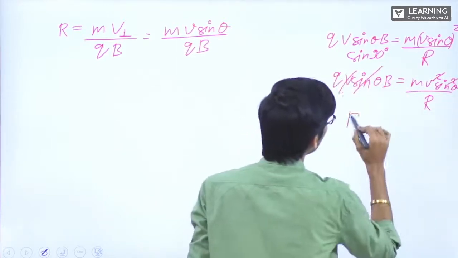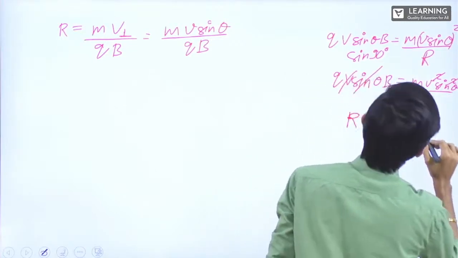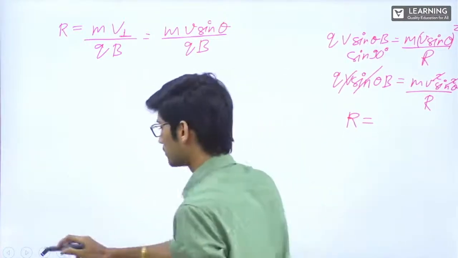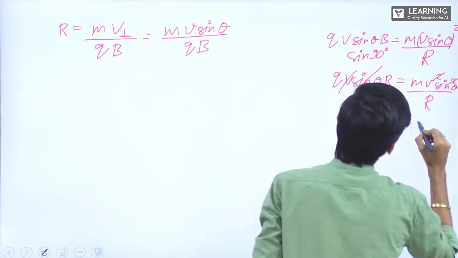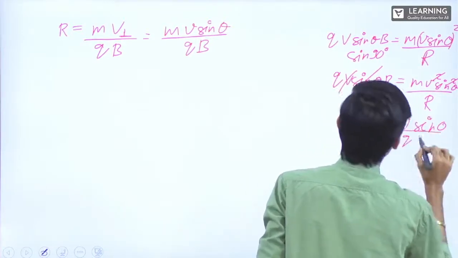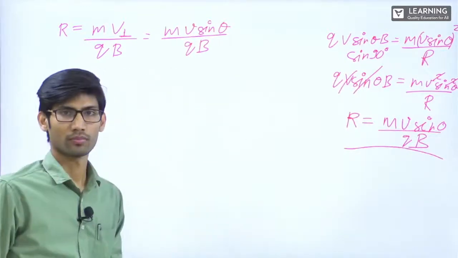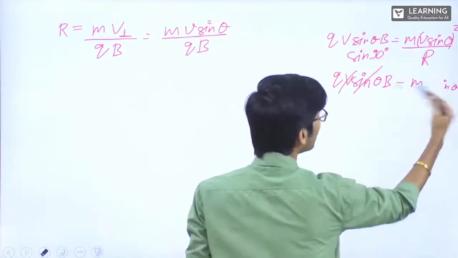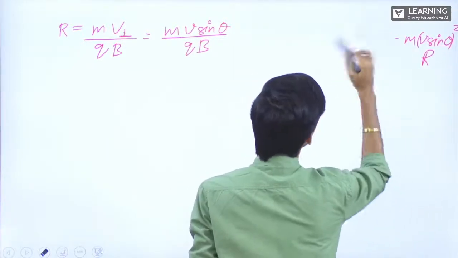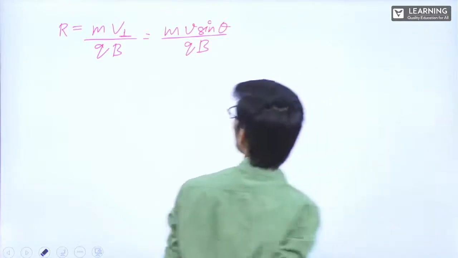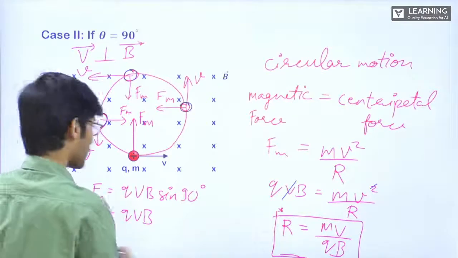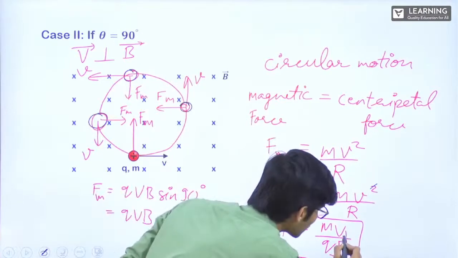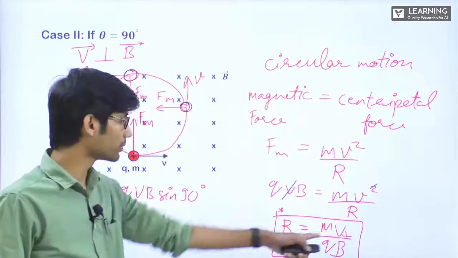From here we got R is equal to m v sin theta by qB. The same we got. So always remember the radius is m v perpendicular upon qB. I'll write here also so that you remember always.